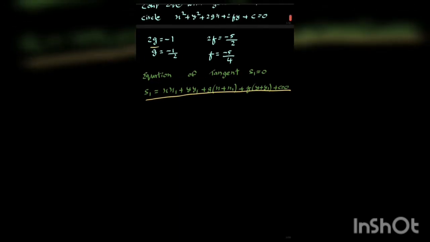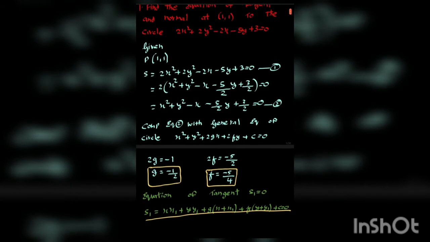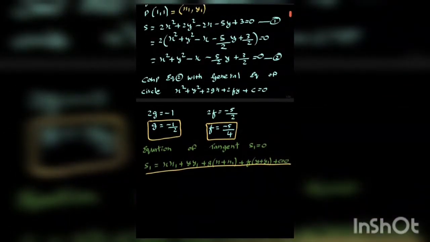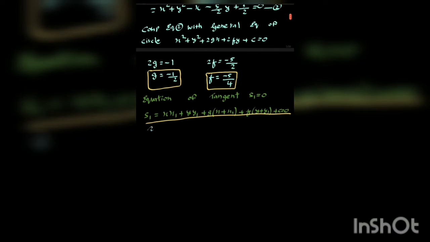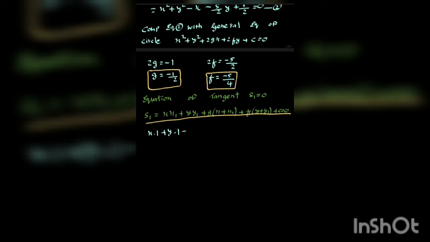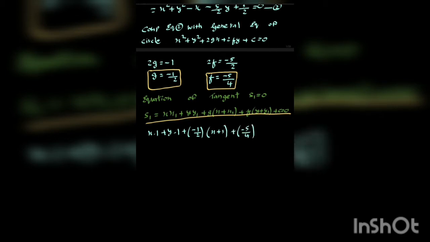So here g is -1/2 and f is -5/4, and here x1 is 1 and y1 is 1. So substitute in this form. We get x·1 + y·1 + (-1/2)(x + 1) + (-5/4)(y + 1), and what is c?